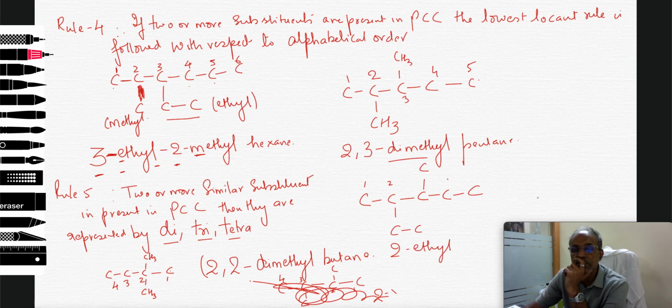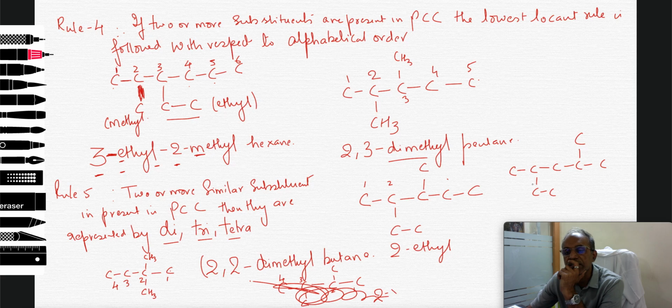Suppose I have the same thing. Here the second position is a substituent, and here also the second position is a substituent.